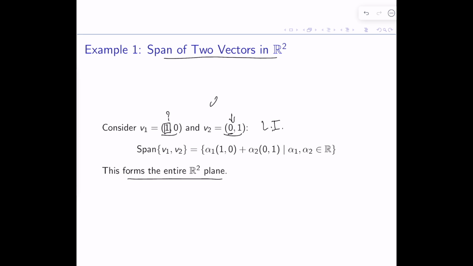If you multiply (0, 1) by alpha, no matter how much alpha you take, this first tuple will always remain 0. So the first tuple you cannot make non-zero. So V1 cannot be written as a linear combination of V2. Similarly, the second tuple of V2 cannot be generated with the help of V1. Therefore, this is linearly independent.